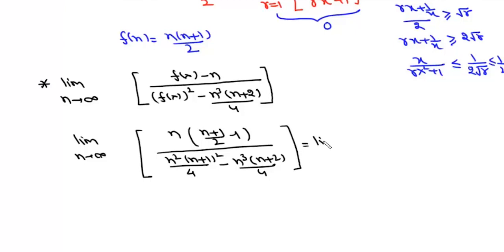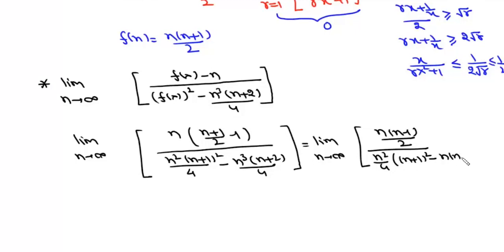Now this is limit n tends to infinite, and here it will be n into n minus 1 by 2, and here we'll take n square by 4 common, then we'll have n plus 1 whole square minus n into n plus 2.